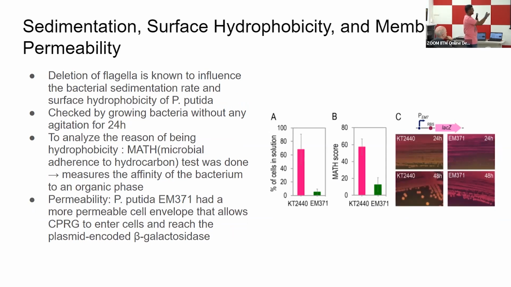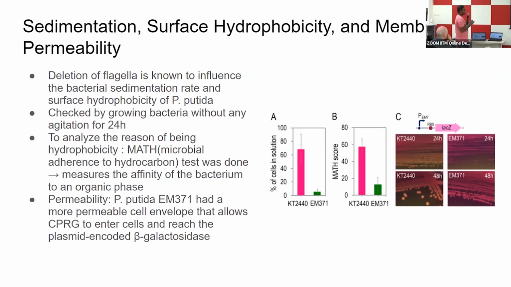So it can be seen here that this shows percentage of cells in solution. Pink color represents the parent strain, while green color represents the modified strain. Percentage of cells in solution means the particles of the parent strain are more in the solution, while those of the modified strain are not in solution, that means they are sedimented at the bottom.